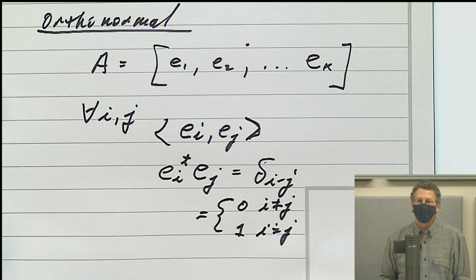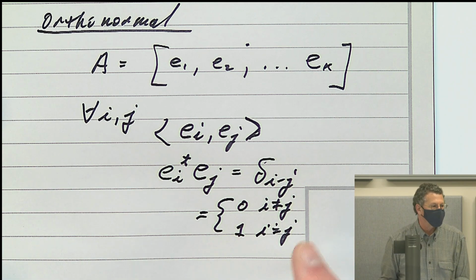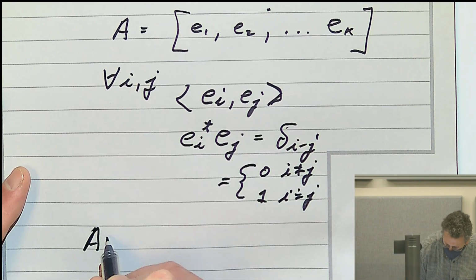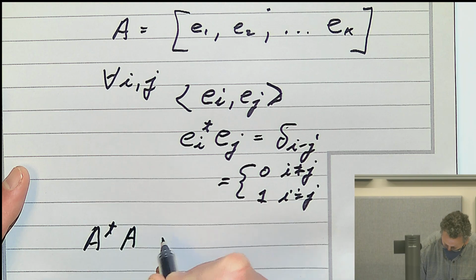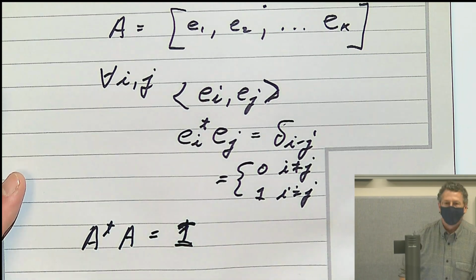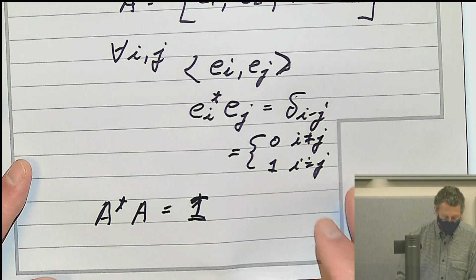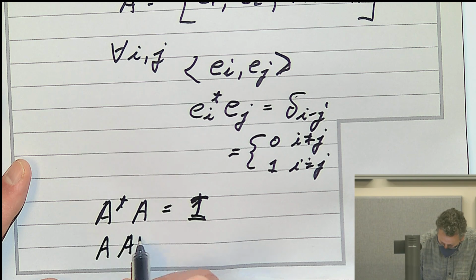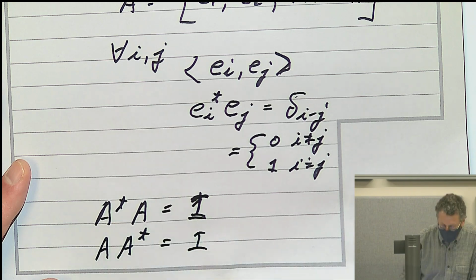The coordinates are orthogonal, perpendicular, and of unit length. So for an orthonormal matrix, it's easy to show that A transpose A is equal to I. It's also easy to show that A transpose is equal to A inverse.